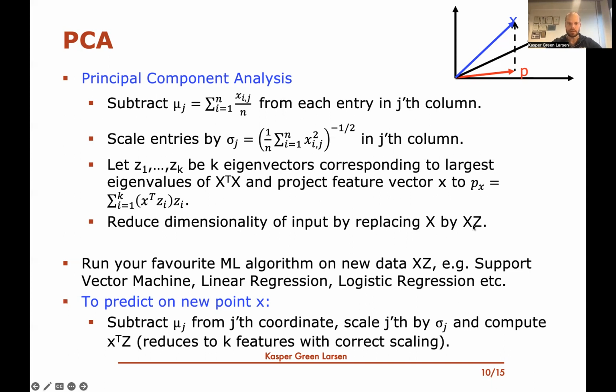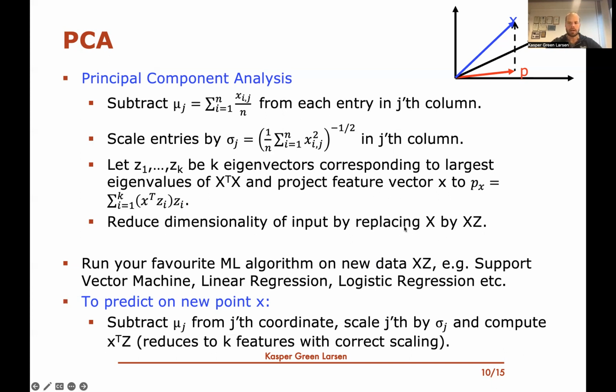If we compute this product, each of the feature vectors, each of the rows here, is multiplied onto the sets, and you get a matrix where each of the new rows is the projected point. This is an n by d matrix times a d by k matrix, so the product is an n by k matrix.